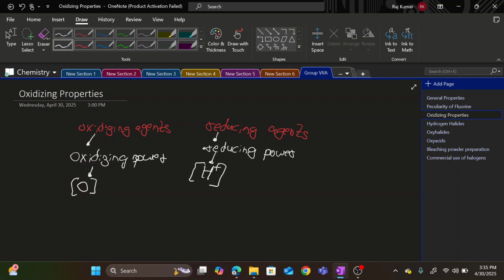Or even if a halogen is in its free state, then it has the capability to accept hydrogen and become reduced, and thus in free state fluorine, chlorine, bromine and iodine are reducing agents.